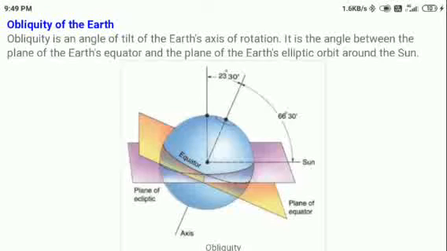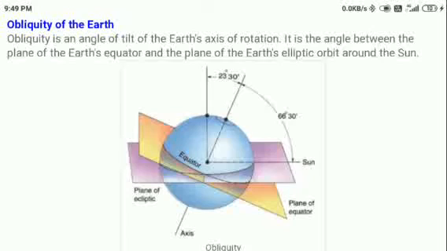So in the actual orientation of the earth in the solar system, the earth is tilted at an angle. The angle value is 23.5 degrees or 23 degrees 30 minutes with respect to the perpendicular to the plane of the orbit.